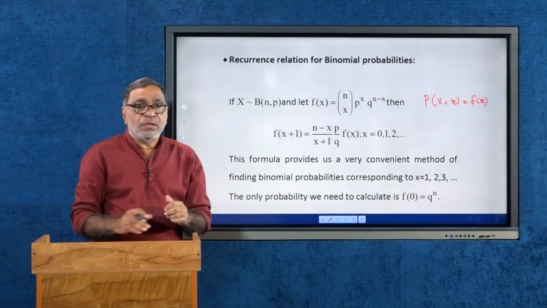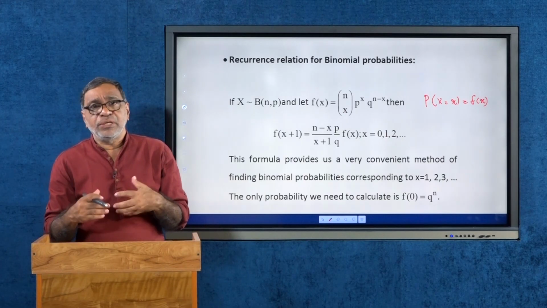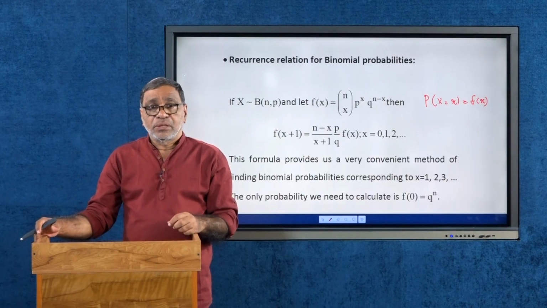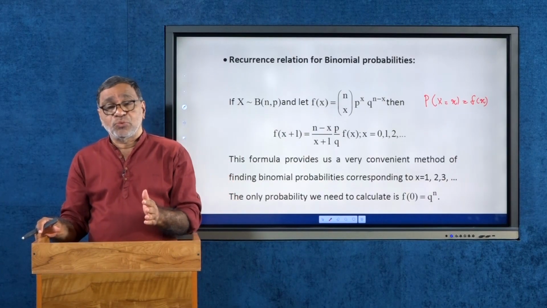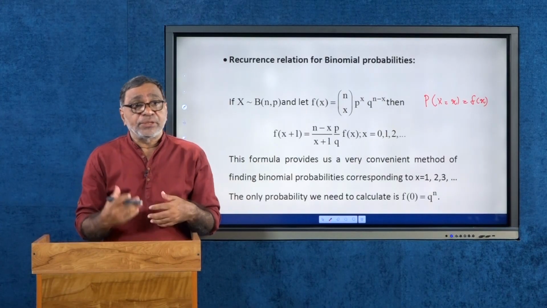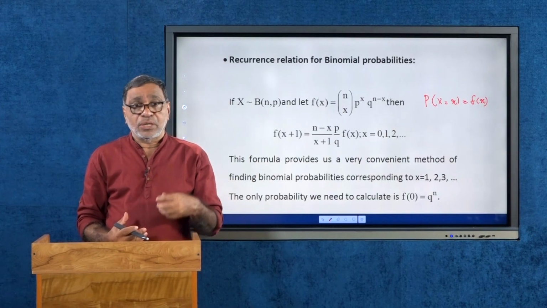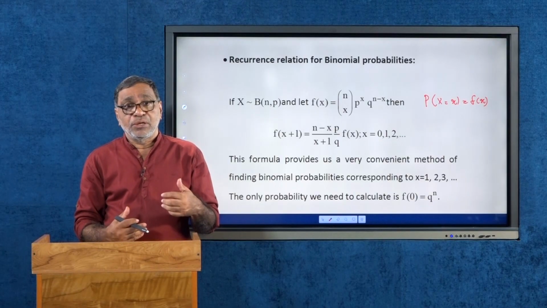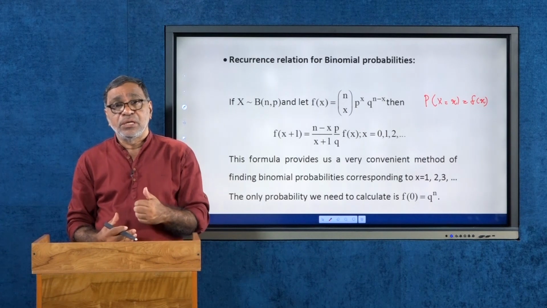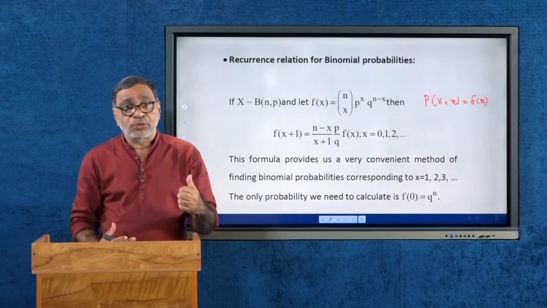This formula provides us a very convenient method of finding binomial probabilities corresponding to x is equal to 1, 2, 3, etc. And the only probability value we require to calculate these probability values is f of 0, the first value.